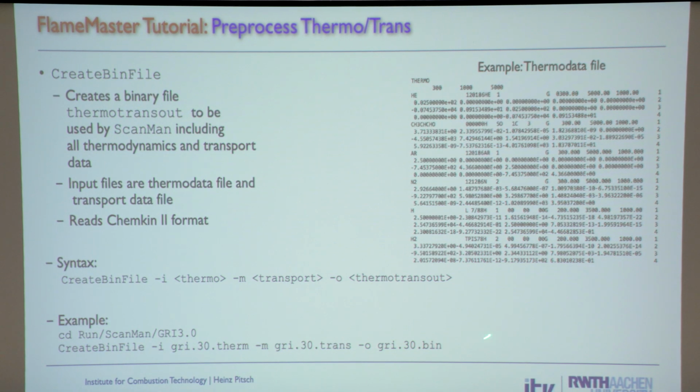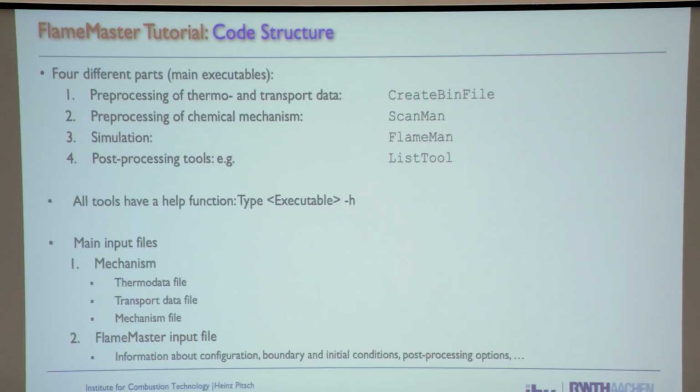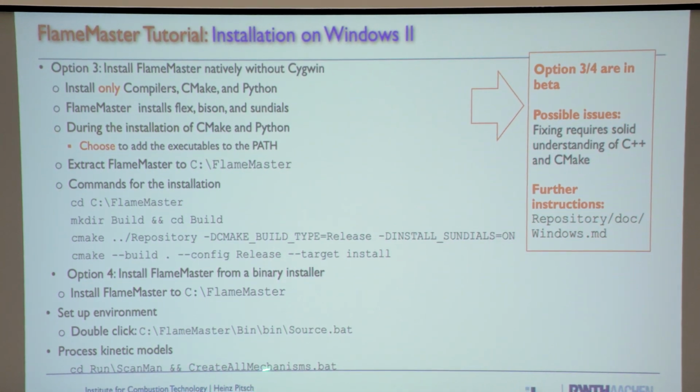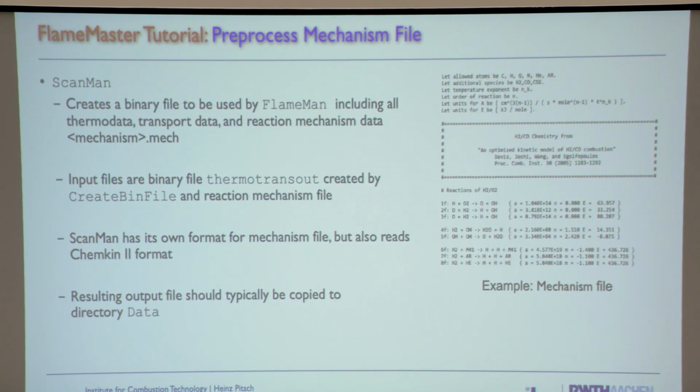By the way, for all the pre-processing of the mechanisms that come with the code, there's one script that runs all of this, if you just want to play around with this a little bit. This was shown in the beginning. In ScanMan, there's a script called create all mechanisms that does all of the stuff that I'm just mentioning, for the mechanisms that are distributed with the code.